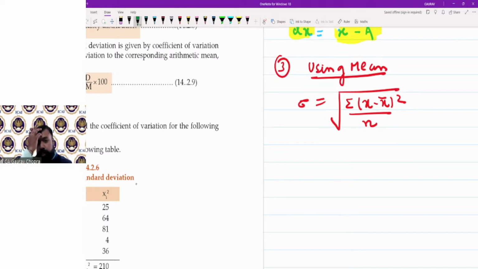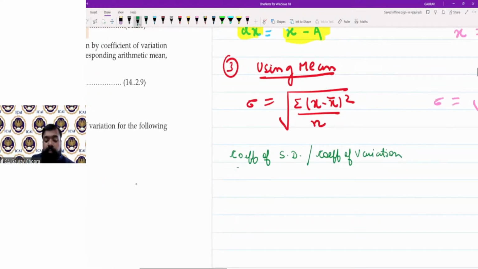Similarly, here we can do the coefficient of standard deviation, also known as coefficient of variation. Lovingly we will call it CV. So in short we can say it as CV.